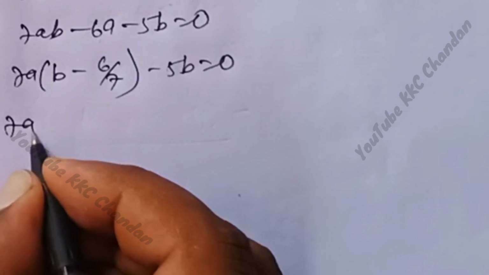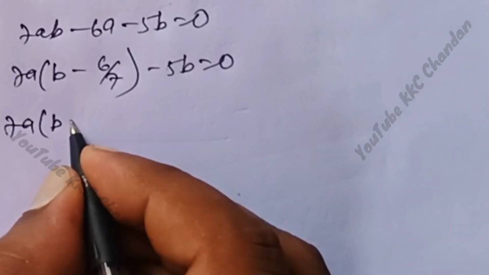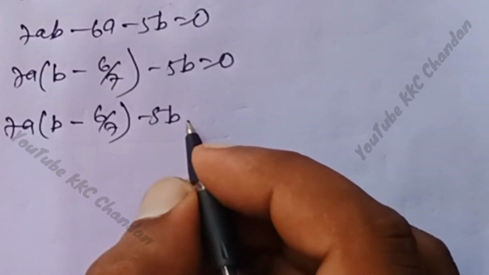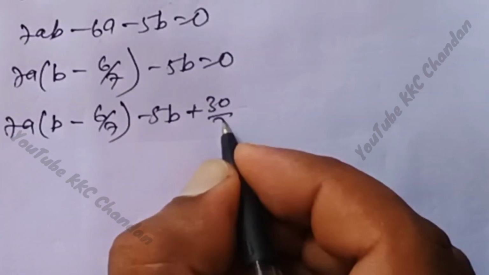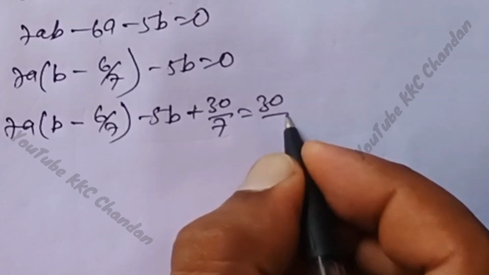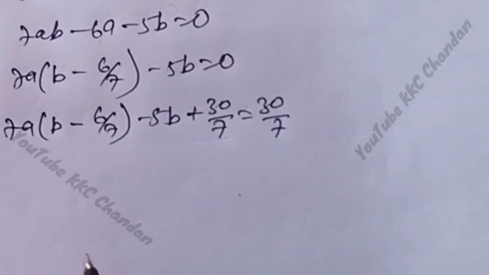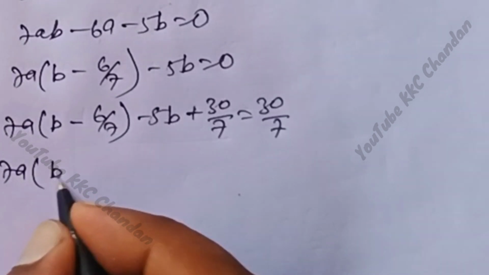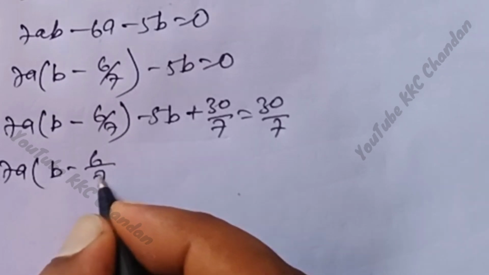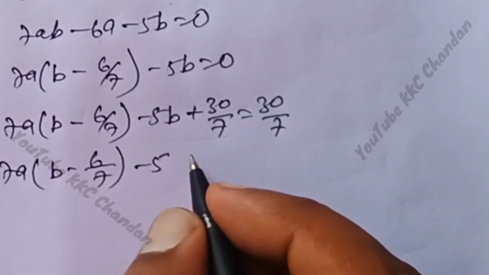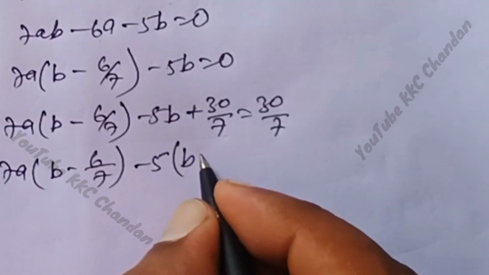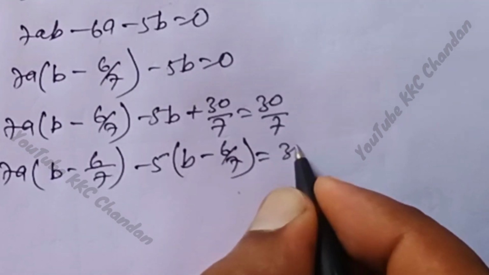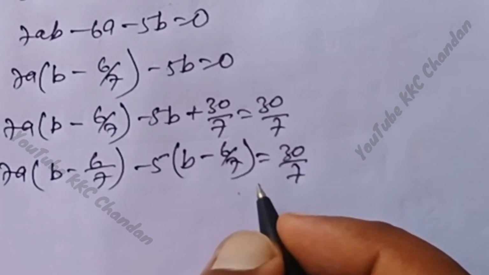After that, 7a bracket b minus 6 divided by 7 bracket close minus 5b plus 30 divided by 7 is equal to 30 divided by 7. After that, 7a bracket b minus 6 divided by 7 bracket close minus 5 bracket b minus 6 divided by 7 bracket close is equal to 30 divided by 7.